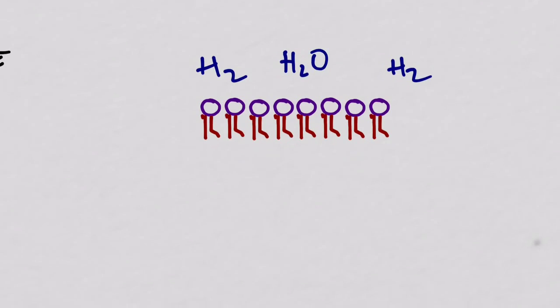And if we put them in a water solution, H2O, over here, then the hydrophilic heads are going to be very happy, but as you can imagine, the hydrophobic tails are unhappy. But what if we make a bilayer?